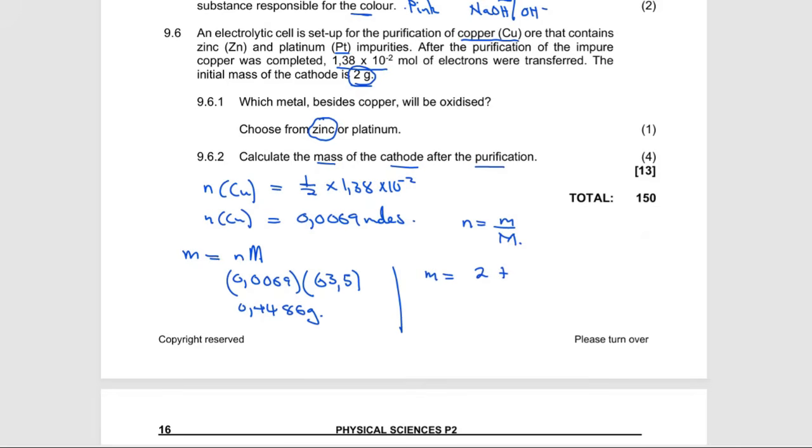So it's going to be 2 plus 0,4385, so our M there is equivalent to 2,4385 grams, right? So that's how we calculate the final answer there. So with that being said, thank you for watching.